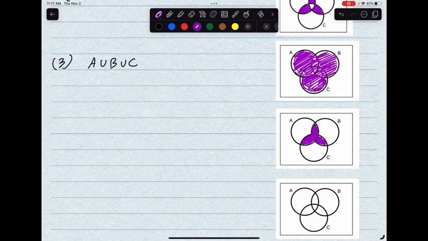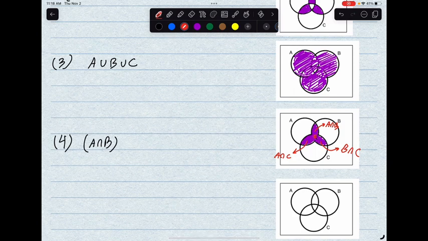Now if you're going to describe it mathematically based on union and intersection, it's A intersection B, here is A intersection C, and here is B intersection C. And that's the union of all the 3 parts.